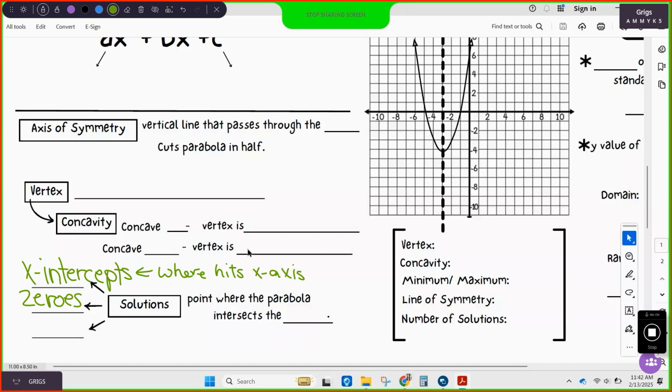And the roots. If I were to ask you what are the roots of a quadratic function, I'm asking you what are the x-intercepts. I could in the next question ask you what are the zeros of a quadratic function. I'm still asking you about the x-intercepts. All of those words mean the same thing.